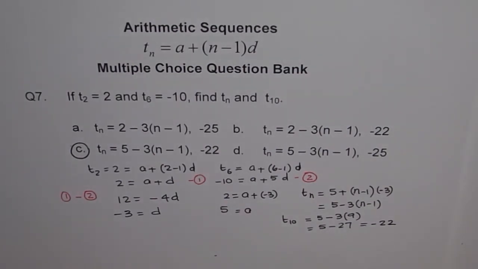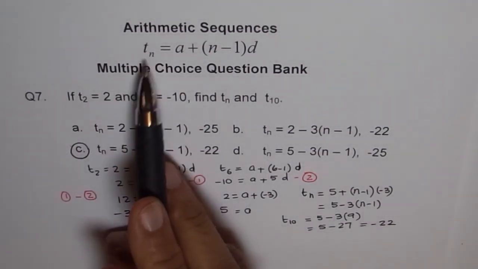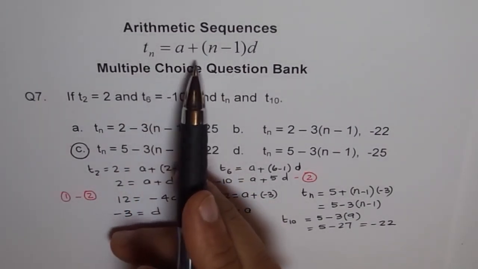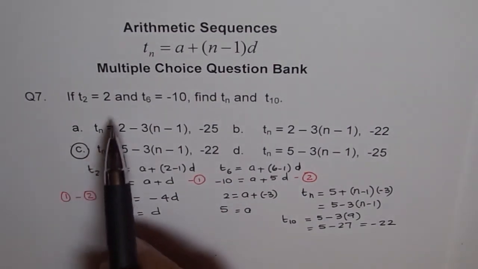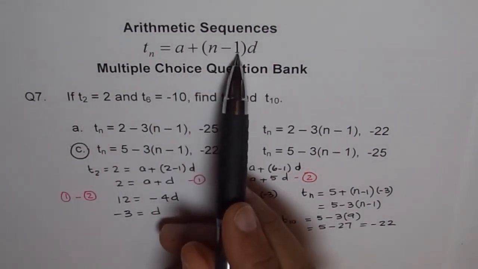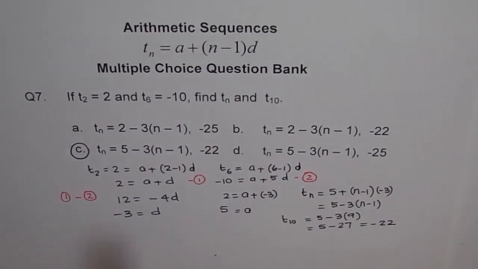Now, we got the answer. But have a good look at it. How did we get our answer? Since we are given two terms, T2 and T6, we can always plug into our main equation, which is the general term equation, right? So T2 is 2, so we get 2 equals a plus d.